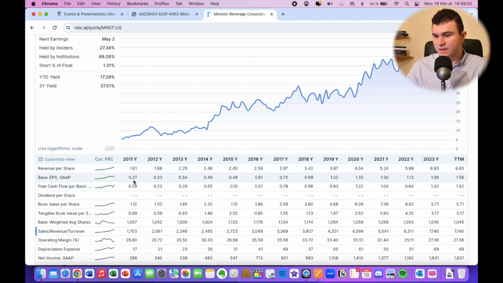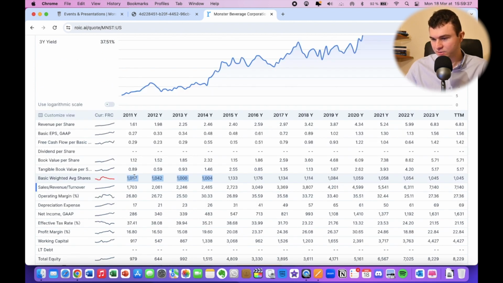And if you look at the basic EPS from 0.3 to 1.5, so multiply by 5. And free cash flow per share, same thing, multiplied by 5. Basic weighted average shares, so the share count that has not done anything in the past decade.